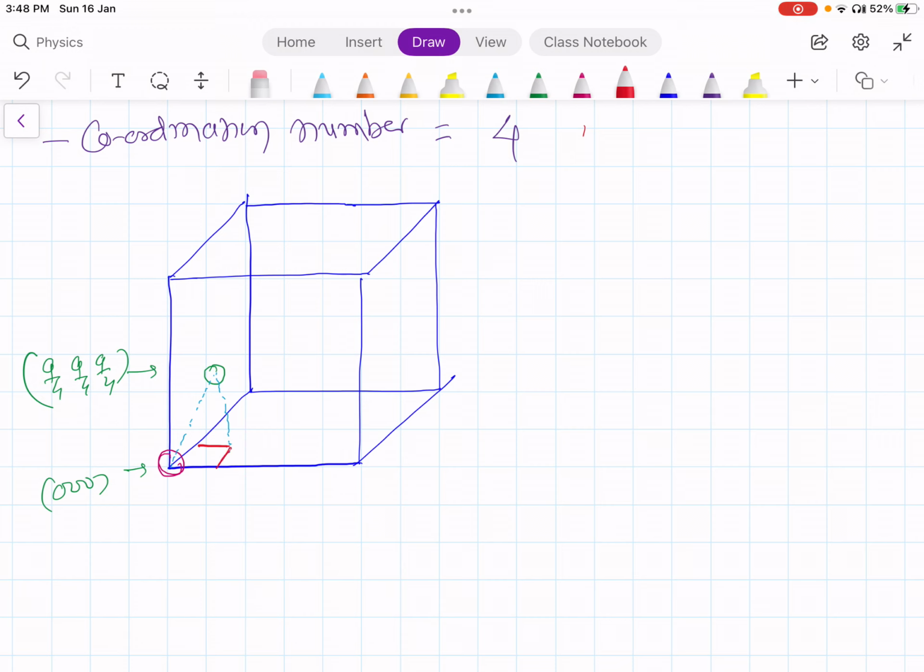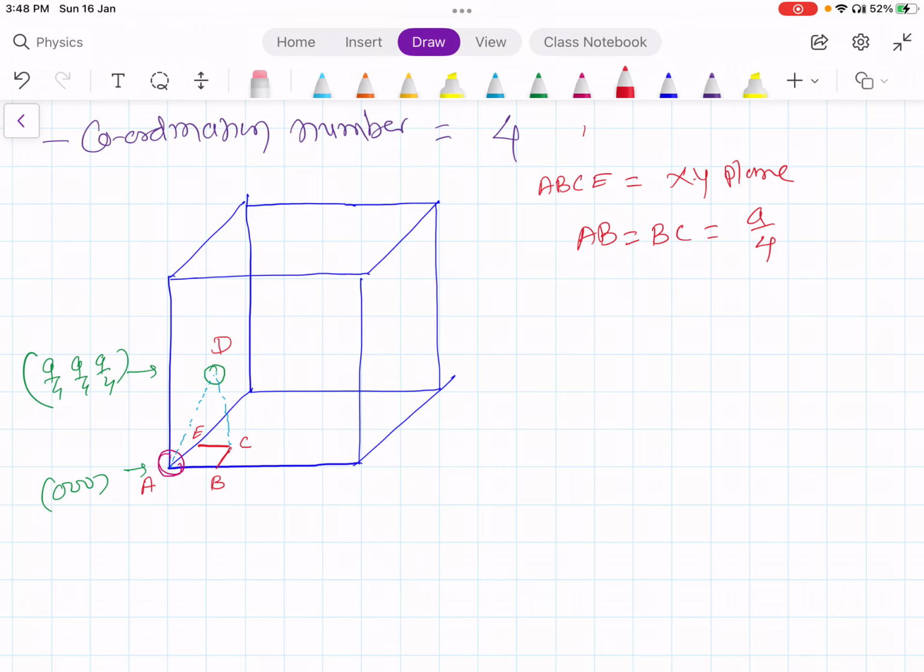So in this XY plane, let us say this point is A, this is B, this is C, and this one is D, and let's say this is E. In this XY plane, AB equals BC, and that is equal to a/4.